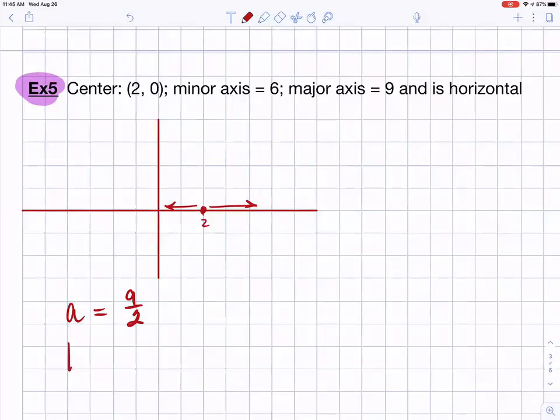What's my B? 3. Oh, phew, that was an easy one. Okay, because 2 3s make a 6. The direction said write an equation, and I need the H, the K, the A, and the B. Got them all, so let's go write them down. What's going to go on top for the first fraction?